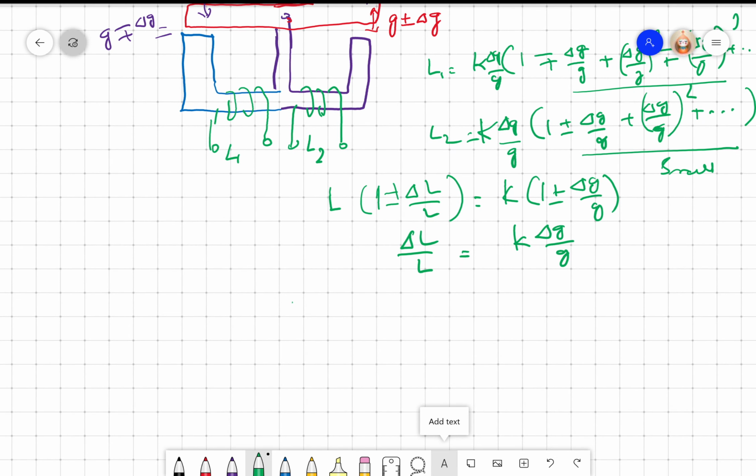Okay. So one way of getting delta L by L, the signal conditioning circuit, is to use our conventional bridge.